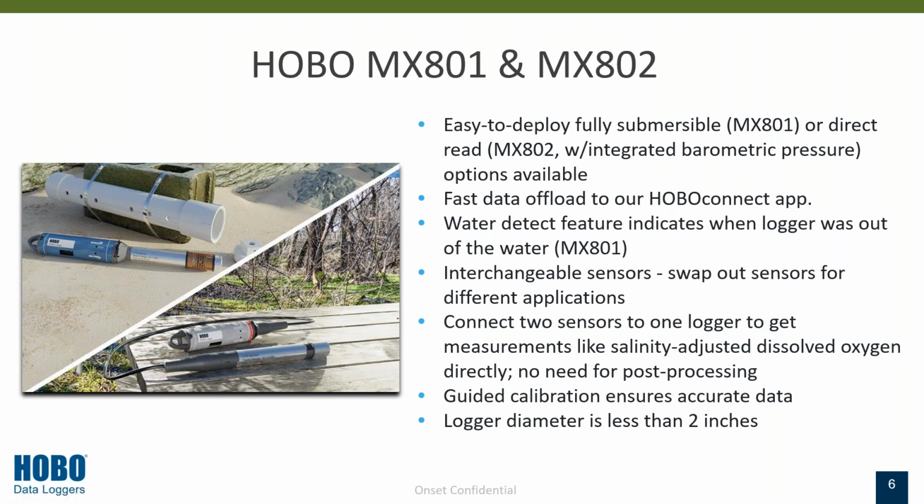In addition to that, we do offer an adapter. The adapter is going to allow you to monitor two sensors at once, so you can do your CTD and your DO all at once, and then you'll have salinity-adjusted DO throughout this. The new logger is also less than 2 inches in diameter, allowing you to fit it in those smaller wells.